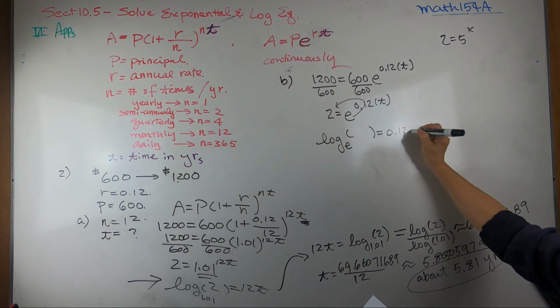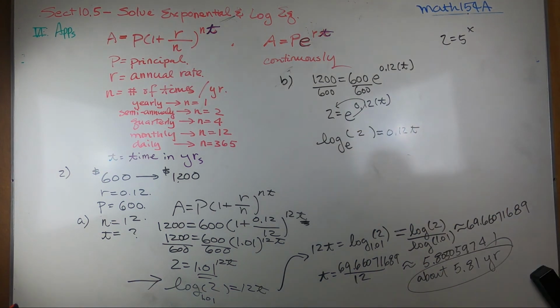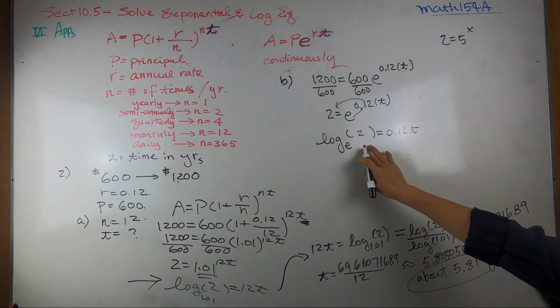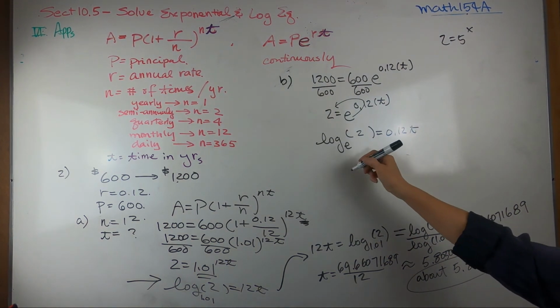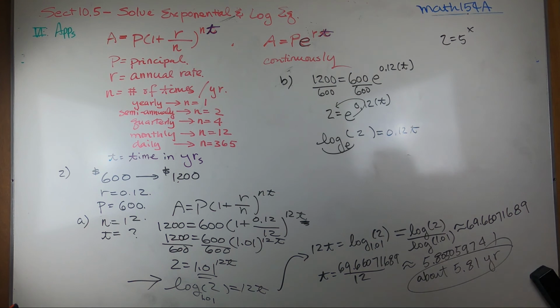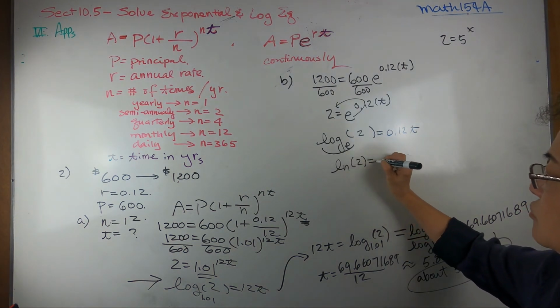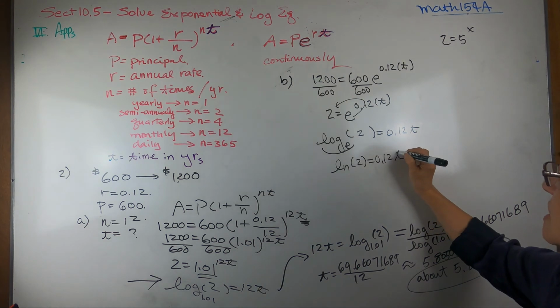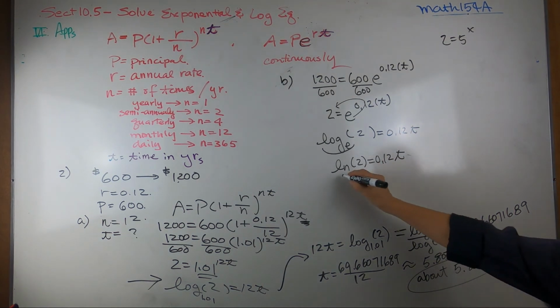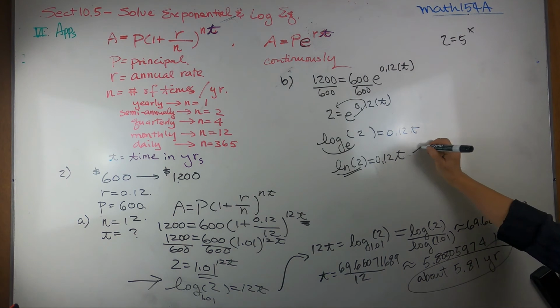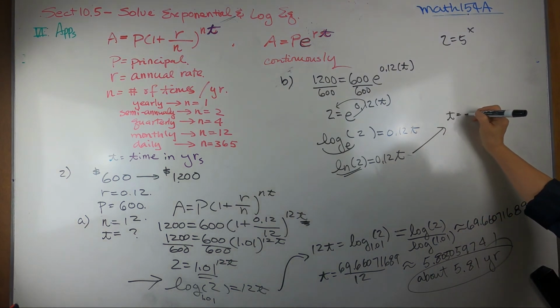So this e to the 0.12t equals 2. Okay? How do you find this value? Actually, it's on your calculator, because the natural log is what? Natural log of 2 equals what? 0.12t. Then you have a value. Then you just punch it into the calculator. So your t is what?